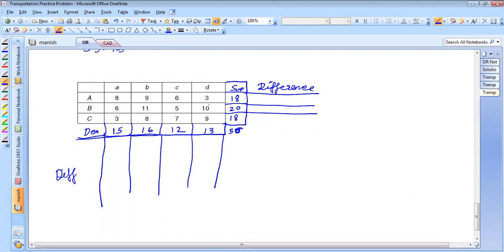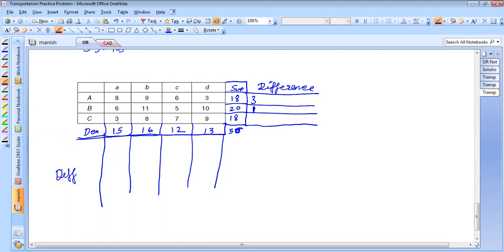So for Vogel's approximation method, for the first row, we will select the least cost, that is 3, and second least cost, that is 6. 3 minus 6 is 3. So penalty is 3. Then next is 5, 6. Penalty is 1. Any doubts?